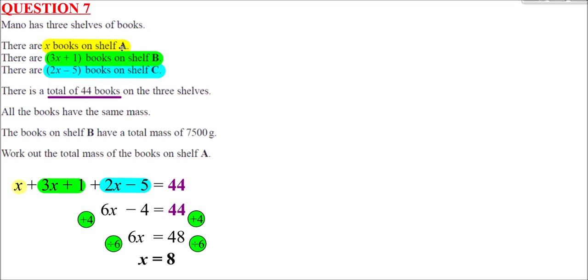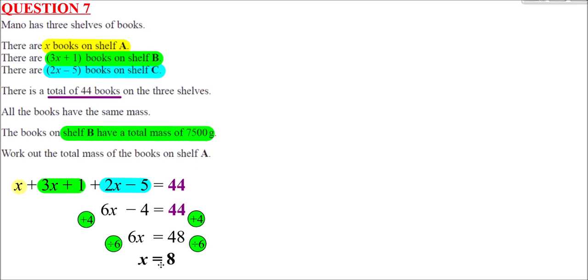But the next thing it's mentioning, in terms of useful information, is the mass of books on shelf B. It says shelf B, the total mass of those books is 7,500. But on shelf B, there is 3x plus 1 books.